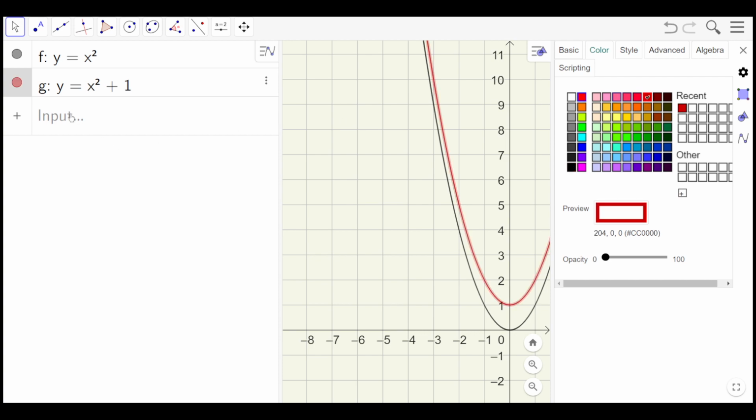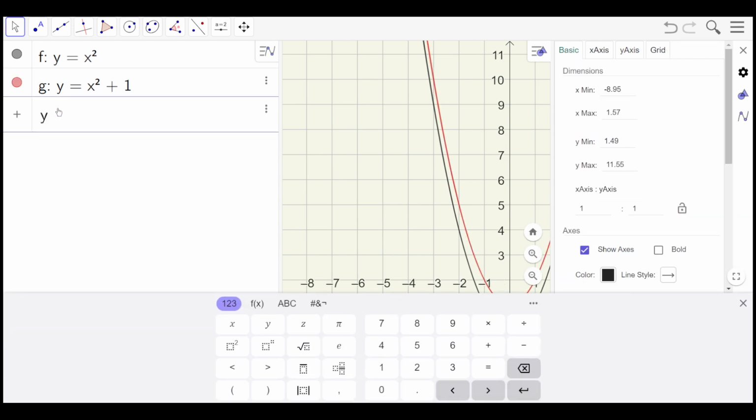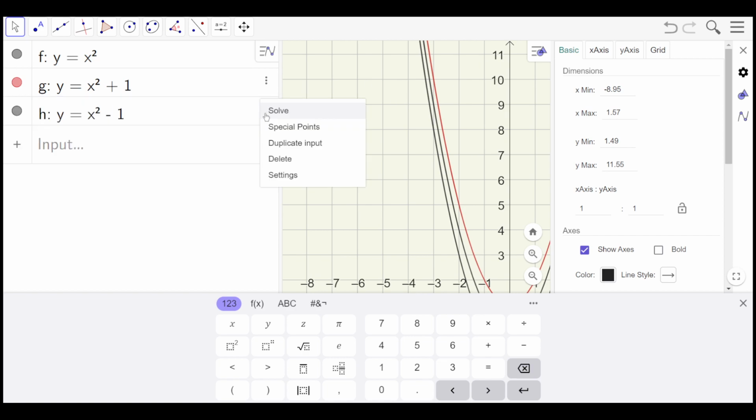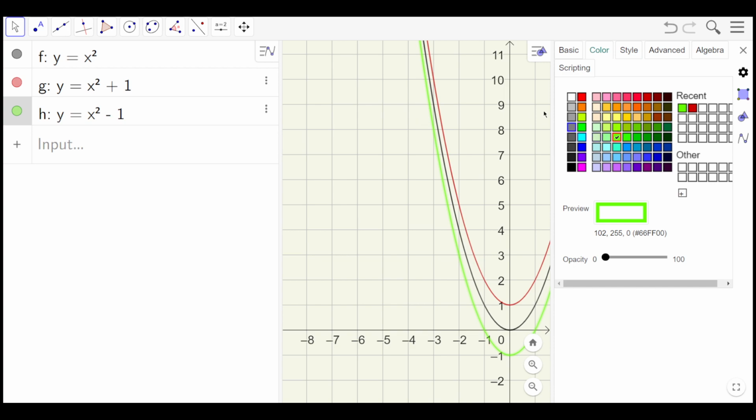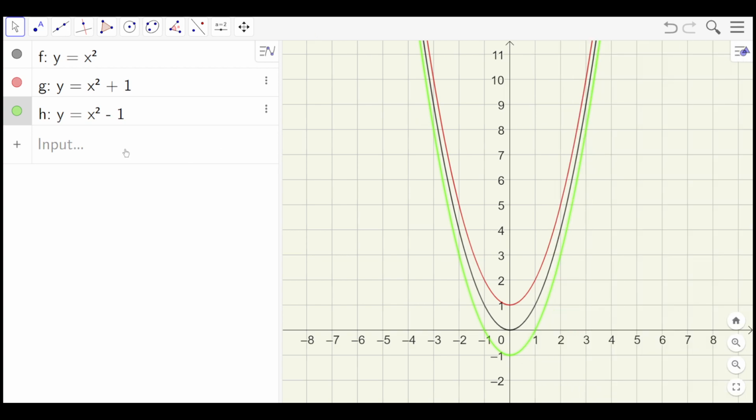Let us change the color. Now let us say y equals x to the power of 2 minus 1, and let me change the color as well, say green. So you see the green one is the black one shifted 1 unit down. The red one is the black one shifted 1 unit up.